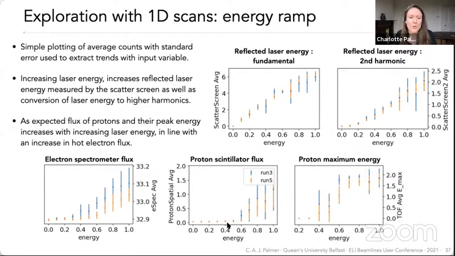And also that it's very, very confidently zero, right? There are no error bars on these points. That's something that I'll come back to in a bit, and it's an indication of the threshold behavior that we were seeing with this diagnostic. As well as the increase in flux, the TOF also shows us that we have increasing proton energy with increasing laser energy, as you know, we would hope.